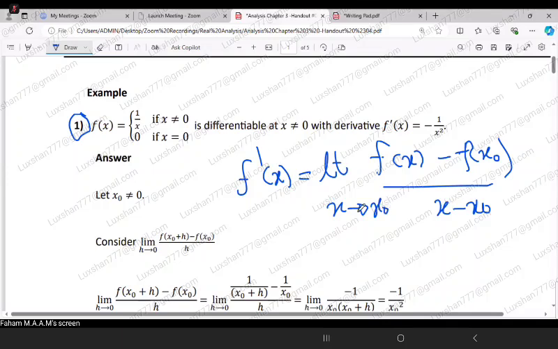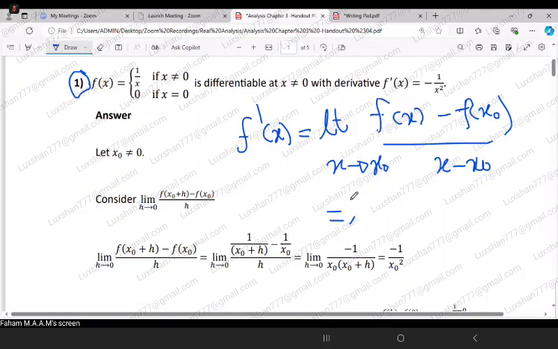So this is one way. Alternatively, you can write this also: limit as h tends to 0 of f of x naught plus h minus f of x naught over h.